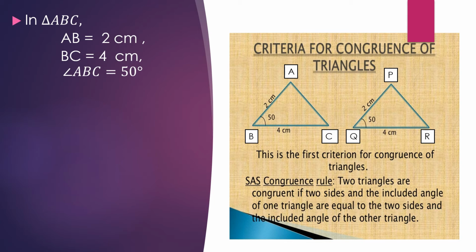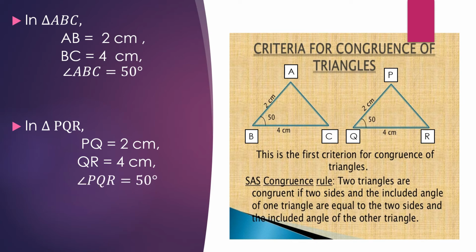And in a similar way, we have triangle PQR. In triangle PQR, we have side PQ which is equal to 2 centimeter and side QR which is equal to 4 centimeter, and here is the angle Q which is 50 degree.